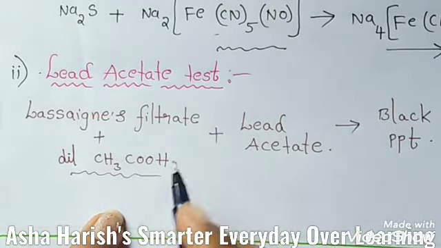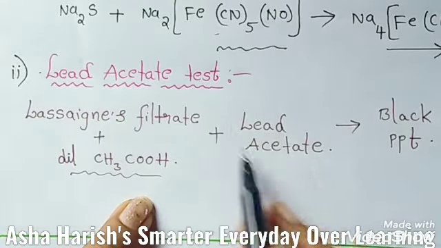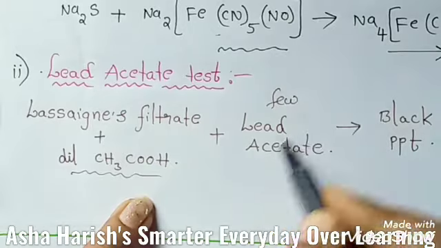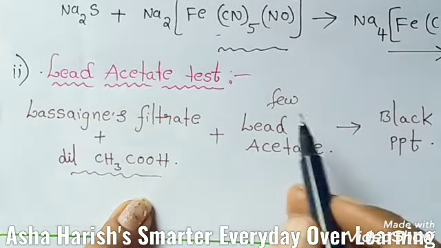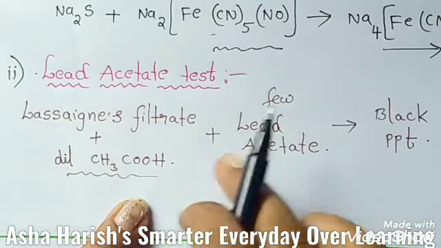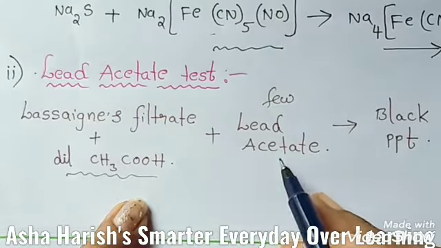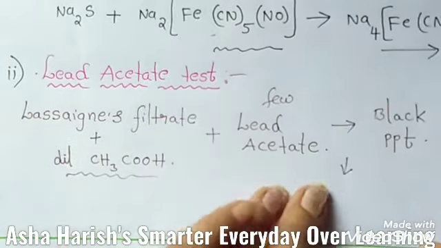And students, to this you add a few drops of lead acetate solution and mix. When the Lassaigne extract with dilute acetic acid reacts with lead acetate, you should get a black colored precipitate.